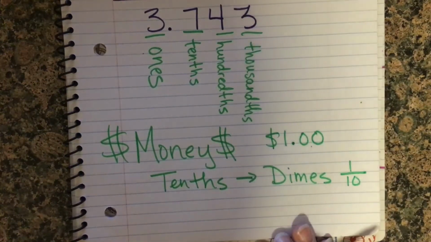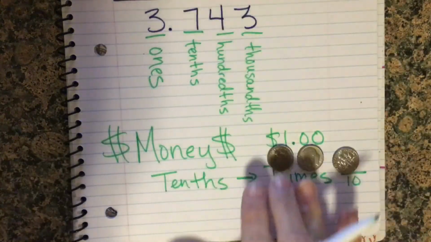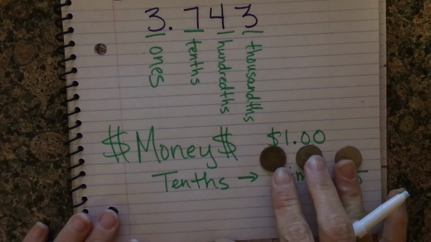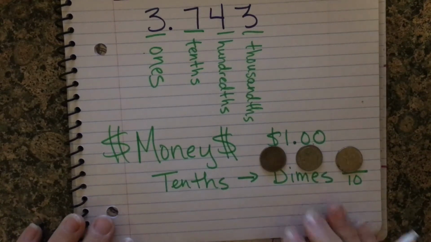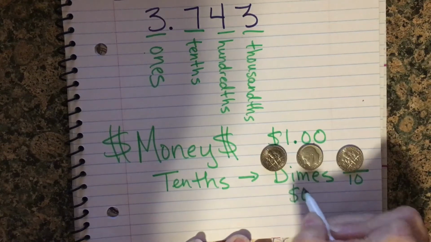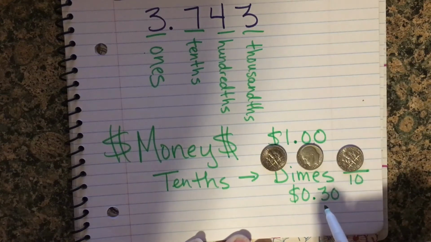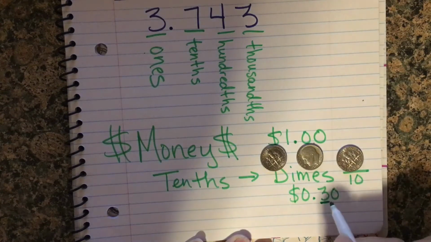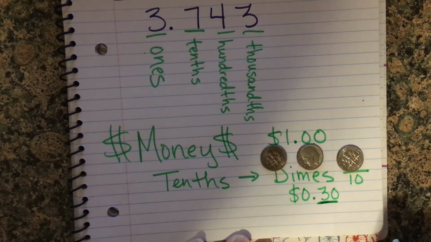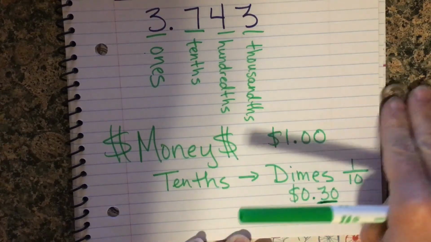So if I have 3 dimes, this is equal to 3/10 of a dollar. If I wrote that amount down, I would write 0.30 for 30 cents. This is 3/10 of a dollar, or I could say 30 hundredths of a dollar. Each dime is worth 1/10 of a dollar.